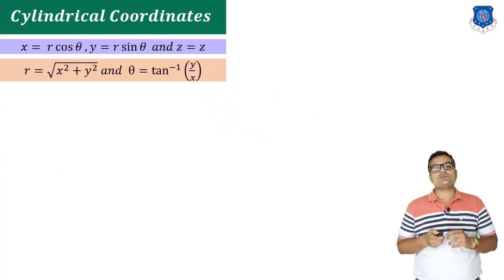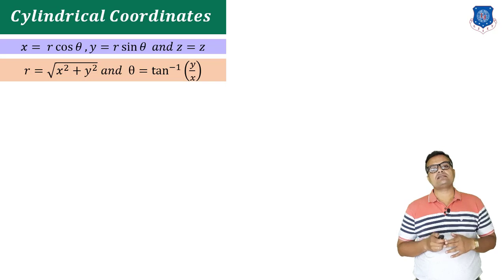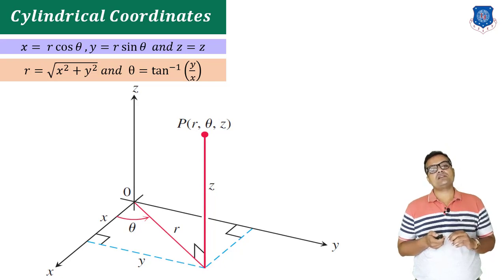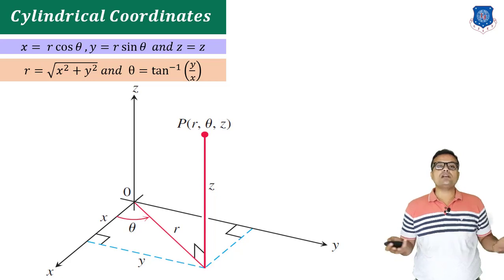Keeping these two transformations, Cartesian to cylindrical and cylindrical to Cartesian, in our mind, let us consider how it will transform a point in 3D with the help of r, theta and z. So if I consider this three-dimensional space, by our usual convention I am taking the floor as my domain.